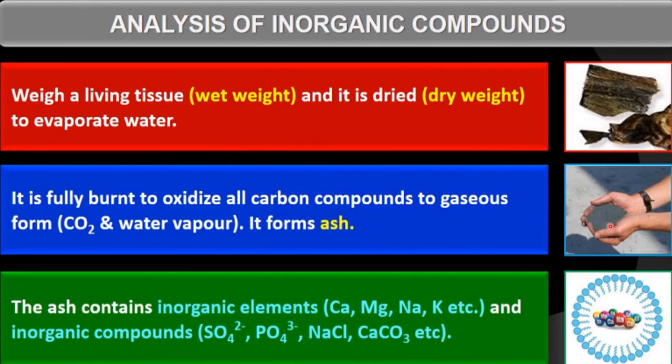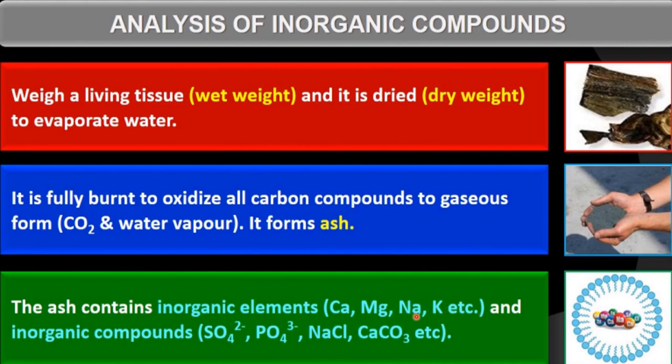So this ash which we have obtained after burning of a living tissue, when analyzed, contains different inorganic elements, and these inorganic elements present in this ash are calcium, magnesium, potassium and sodium.